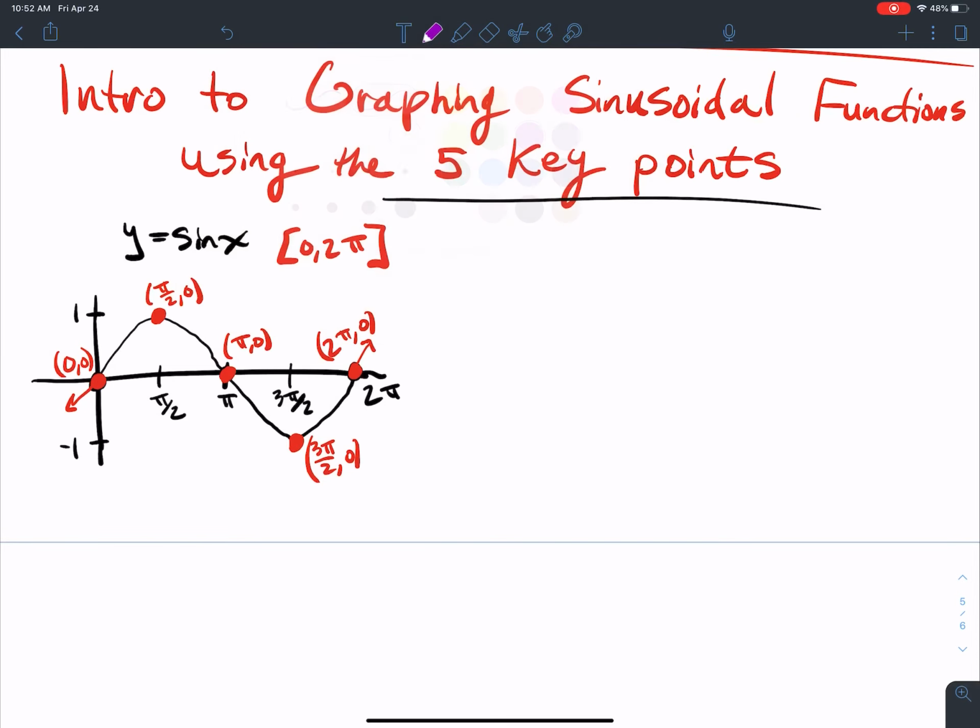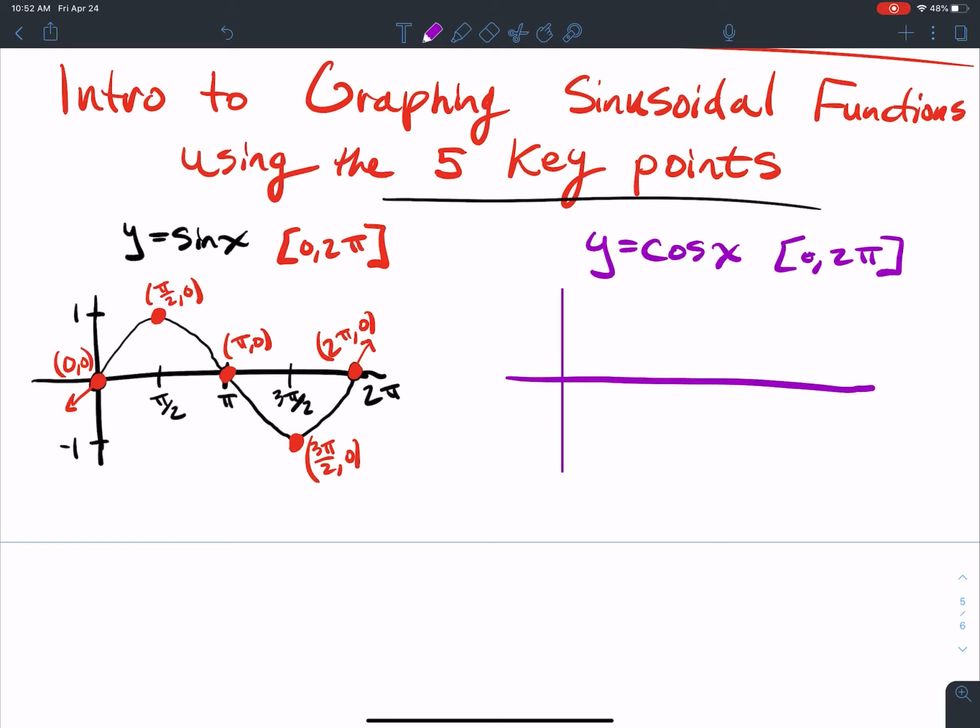What about for the cosine? y equals the cosine of x on 0 to 2 pi. We're just going to do 1 period. So 1 to -1. We start at 1 and we work our way down.